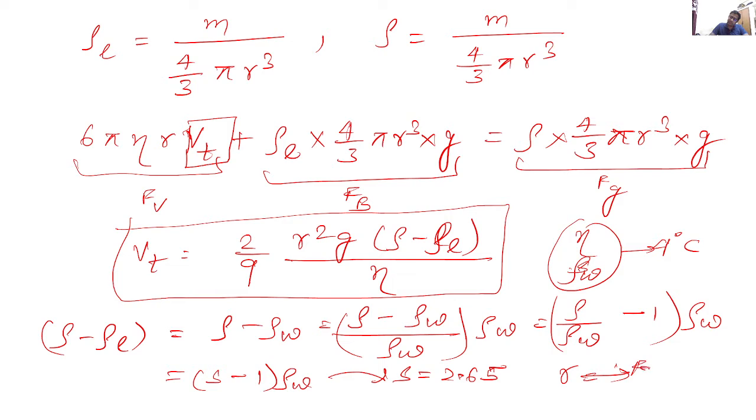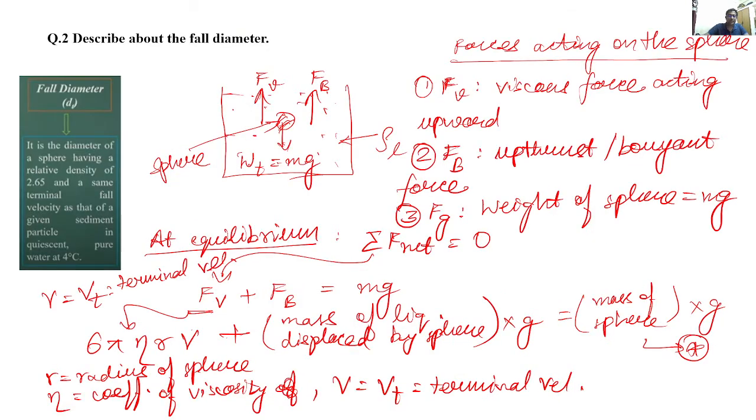Corresponding to that, we will get the fall radius, and you just convert the radius into diameter by this expression. 2 times radius is diameter, so you will get the fall diameter. So that was the numerical formulation of the same statement above.